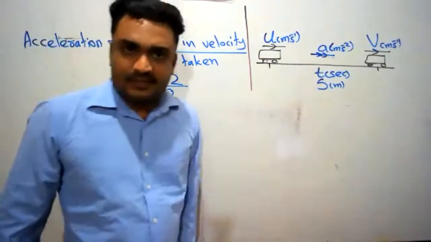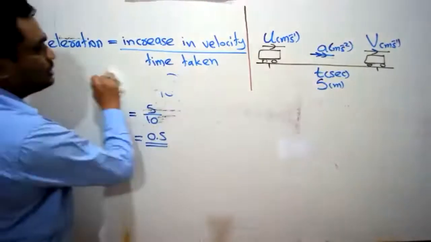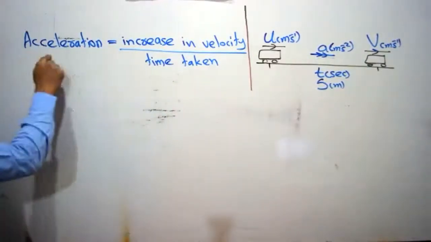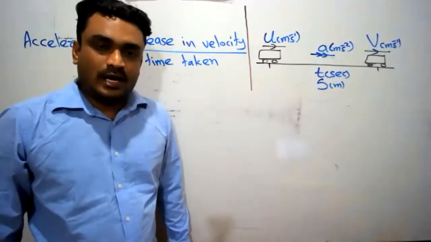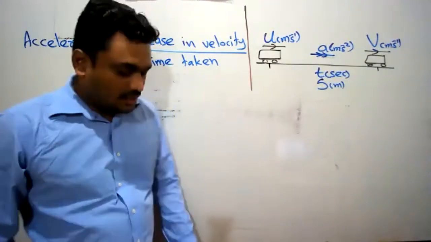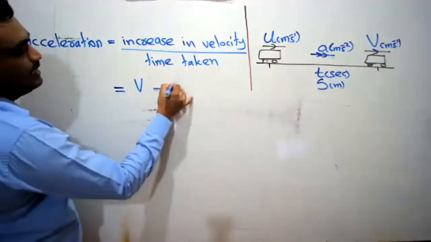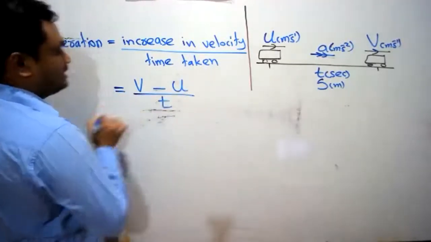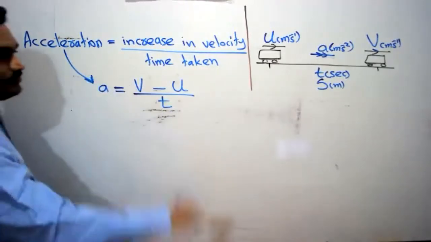The first relationship is the acceleration relationship. Acceleration equals increase in velocity divided by time taken. Increase in velocity means final velocity minus initial velocity, divided by time taken t.